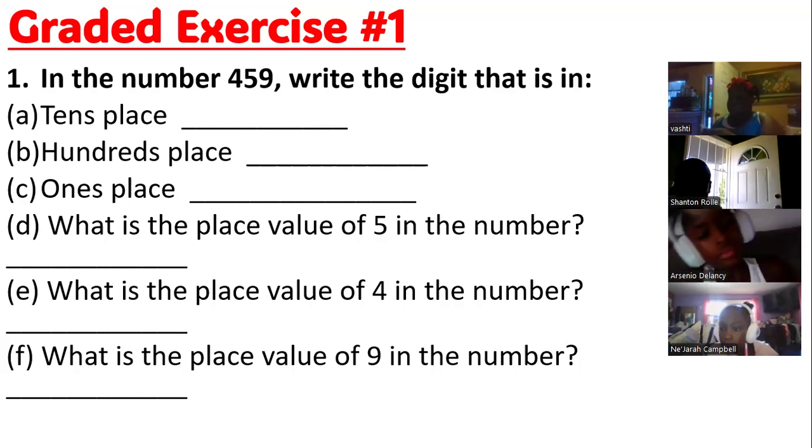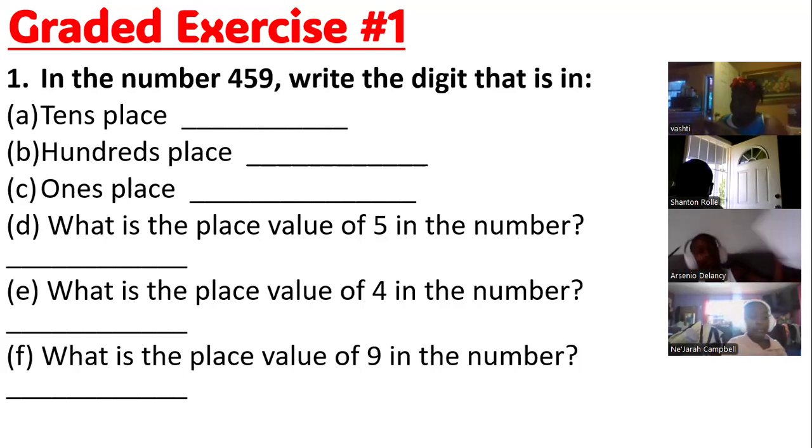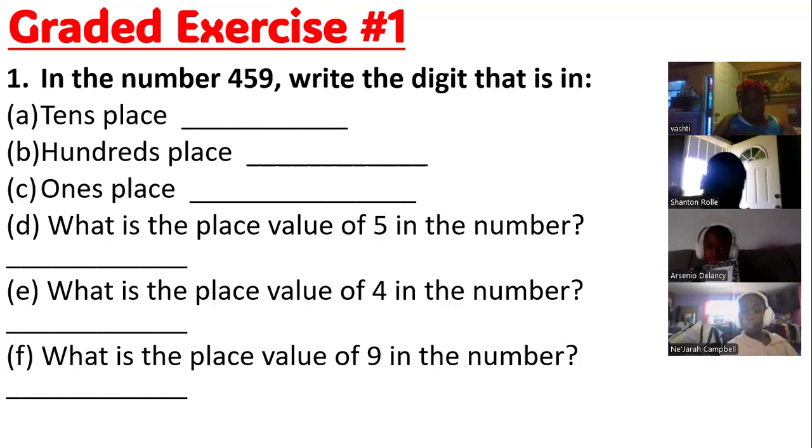And Najara Campbell, what number you on? I'm writing instructions for 3. Okay. I'm finished with the first one. Okay, that's good. Who said they're finished with the first one? Asia. Me. Okay.